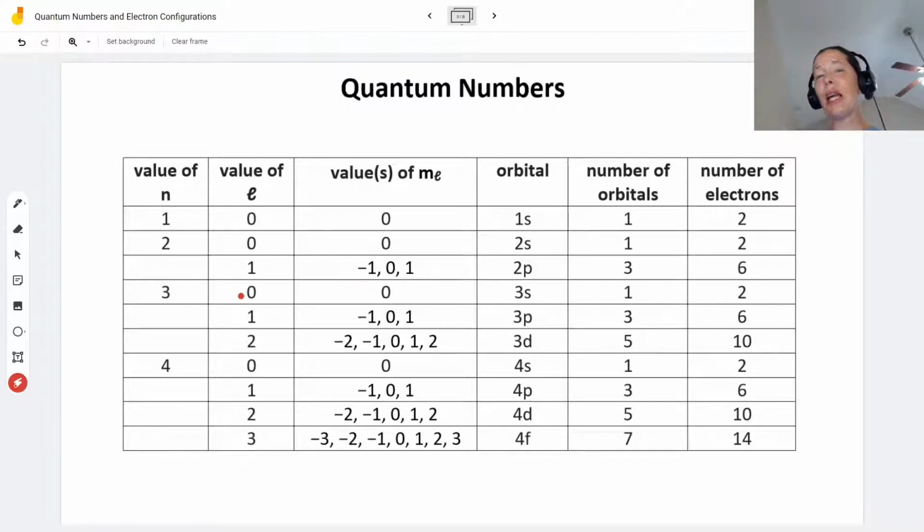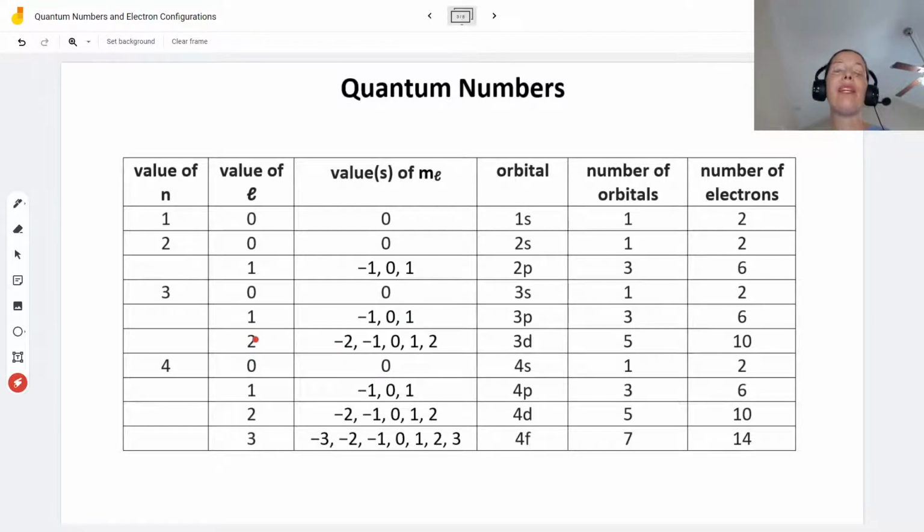So I hope this is kind of making sense here. We just don't have time to go through all the rows, but let's go down to n equals 3, and I specifically want to point out our new value of L here. So we still have 0 and 1, and those are the same as they were before, but now we have a value of L that is 2.